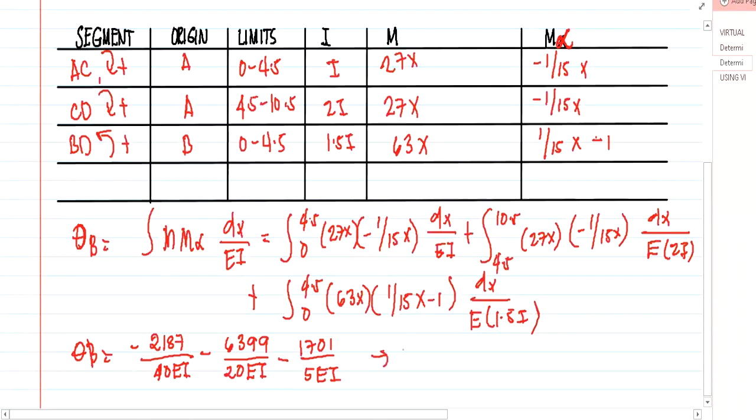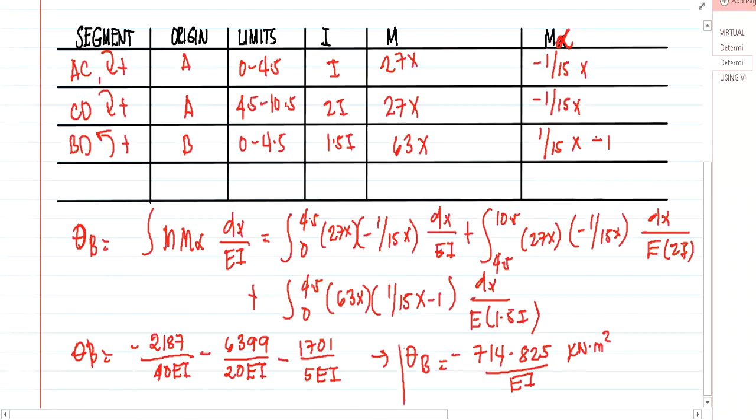So, value of our rotation. Ano yung value natin ng rotation? This is equal to negative 714.825. So we have 714.825 over EI. This is in kilonewton meter square. Okay?